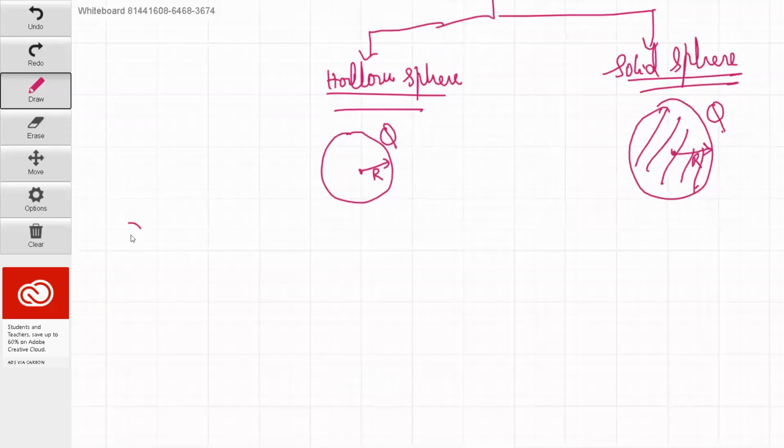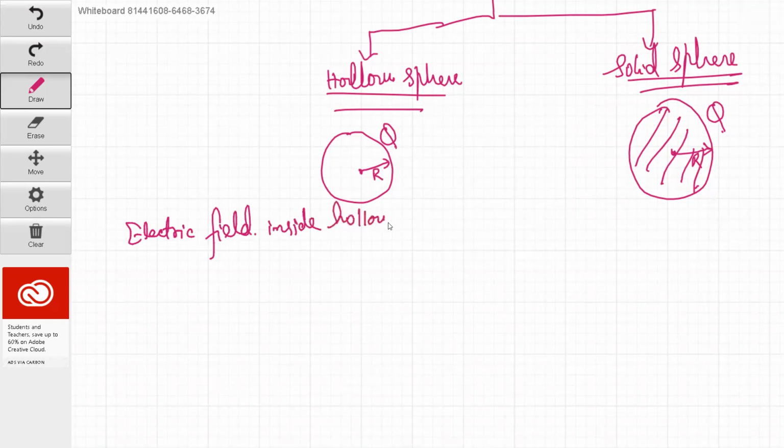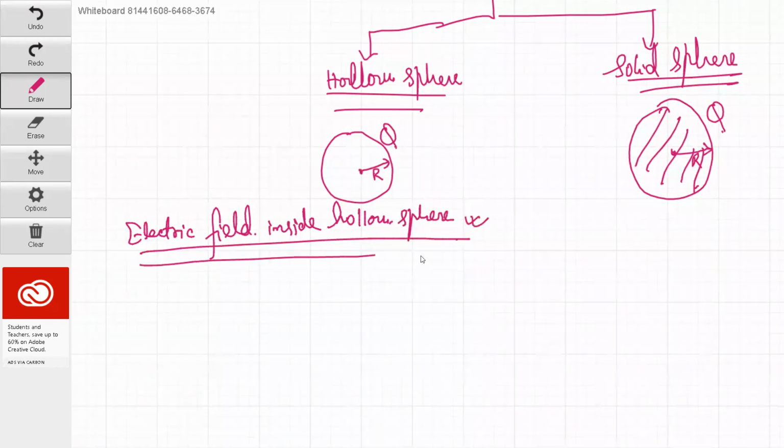What is the electric field inside a hollow sphere? That we are going to study.